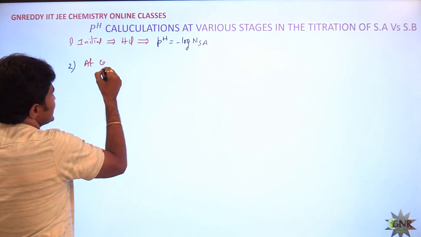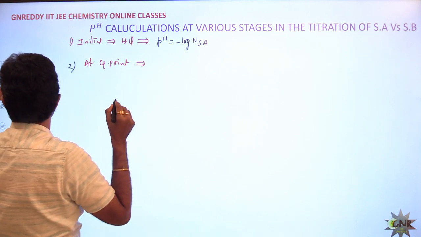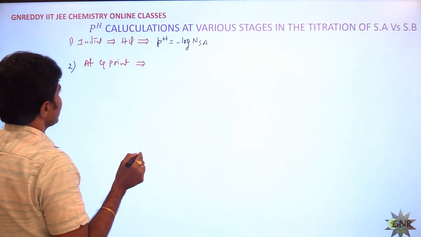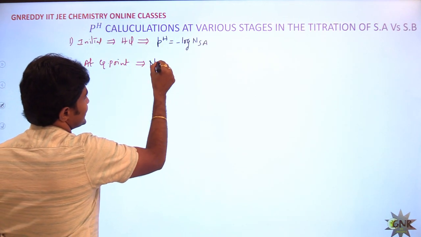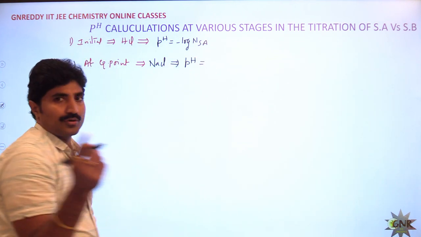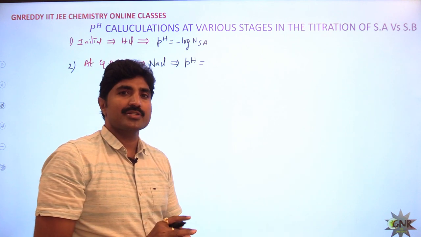If you look at the previous slide, you can understand at the equivalence point only NaCl is there. Now the NaCl pH is calculated by using, this is the strong acid strong base salt.